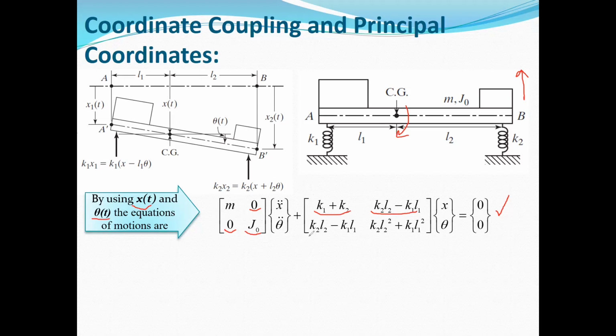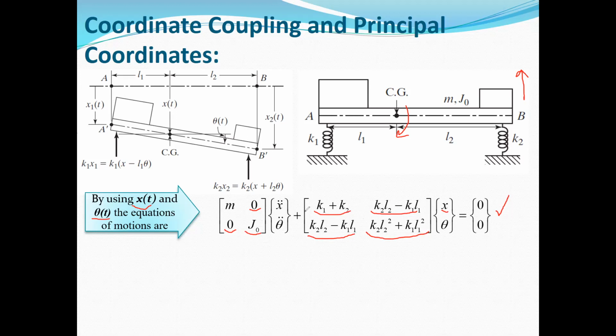The coefficient of x is k2L2 minus k1L1. Due to this term, we have the term x in the second equation, and also the coefficient of theta, which is this term, and due to this term, we will have theta in the second equation.